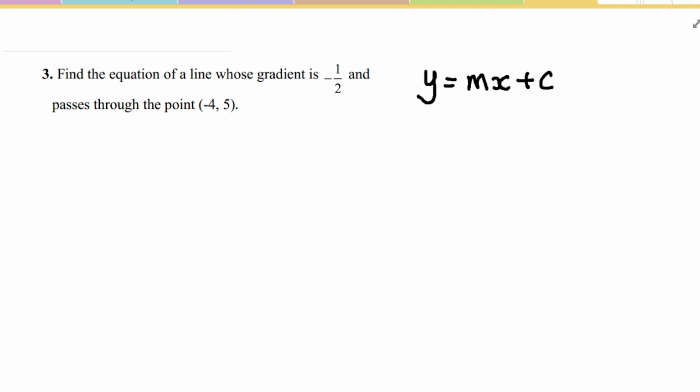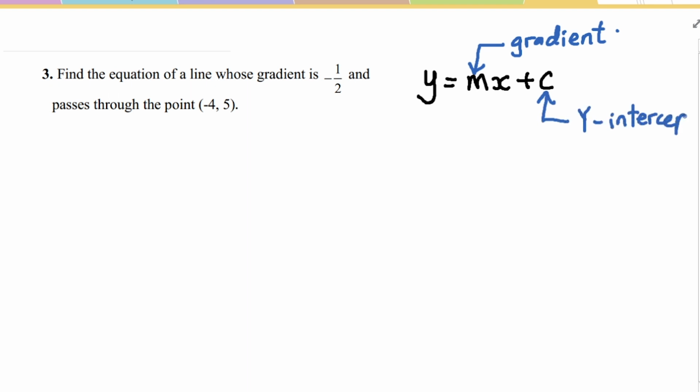We know that the value of m represents the gradient of that line, and the value of c represents the y-intercept of that line. So the question says find the equation of the line whose gradient is -1/2. It simply means we already know the value of m as -1/2, and it's passing through the point (-4, 5).